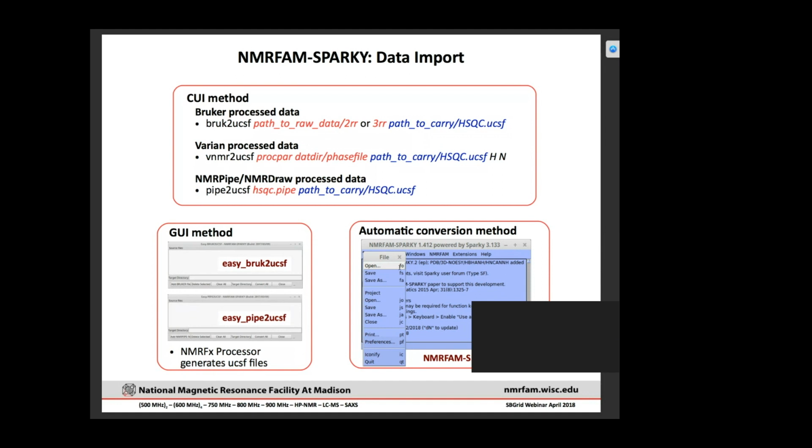At the same time, it generates the ft.ucsf file in the same directory. So next time you can open that UCSF file, which is a tile-based data format and a much more efficient file handling method that Sparky utilizes. So you can use that UCSF file generated from the automatic conversion in NMRFAM-Sparky.